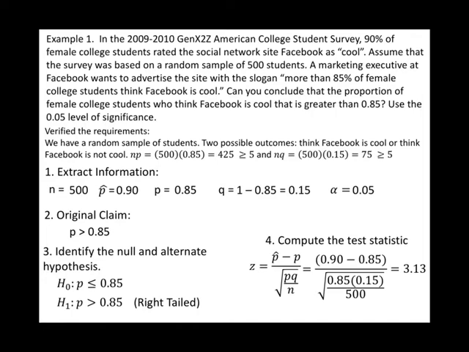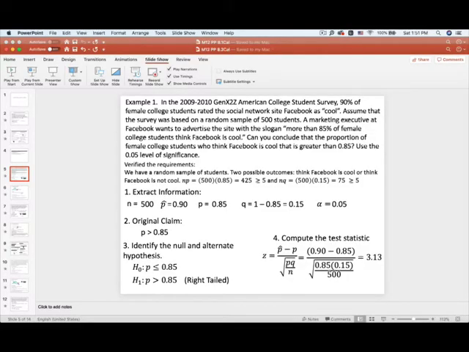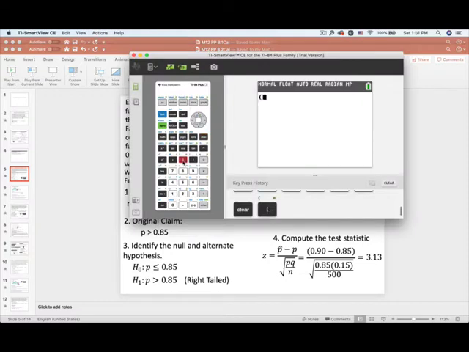Let me show you guys how to use your calculator here. Okay, 0.9 minus 0.85, close parenthesis, and then divided by square root, which is second x squared here. So I have 0.85 times 0.15 divided by 500.